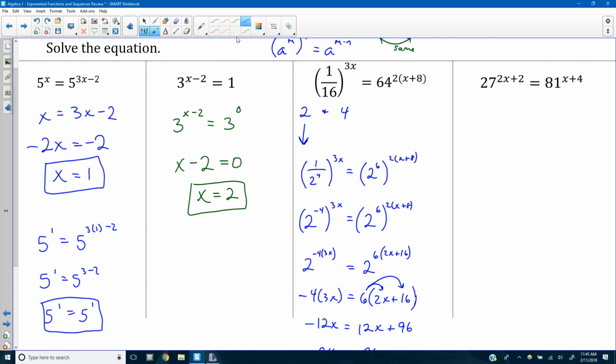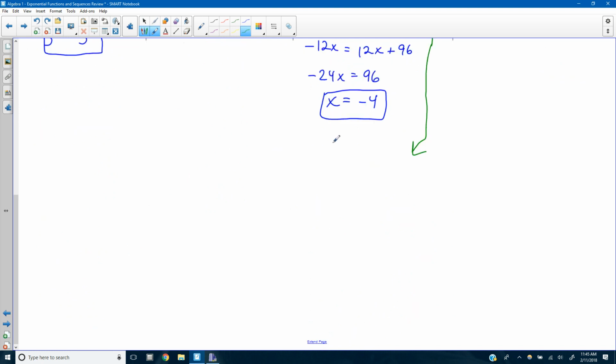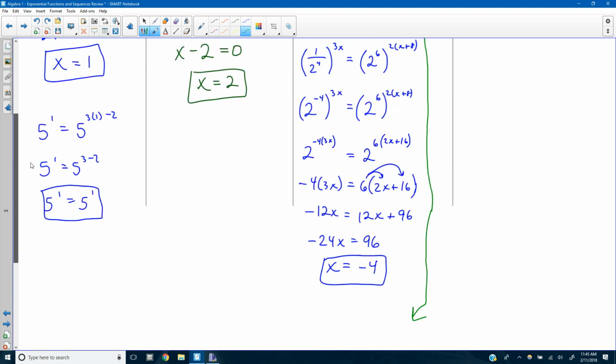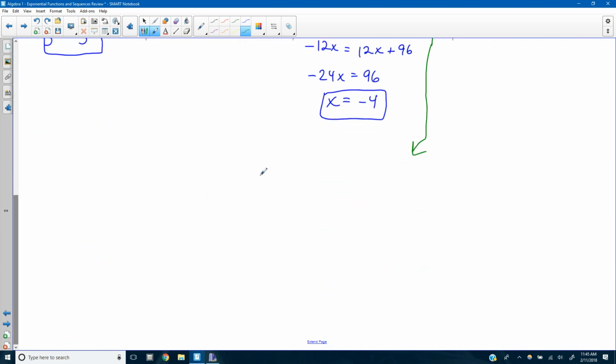I'm going to do this with 4 as well, and honestly, I think I like using 4 more in this case. Normally, it's better to use bigger numbers whenever you can. You just have to identify that that number works, right? Maybe you just know that 2 works in that case, but you didn't know that 4 worked. I think 4 is going to work out a little better. So this is 1 over 16. I'm going to rewrite the problem a little bit. 1 over 16 to the 3x equals 64 to the 2 times x plus 8 power.